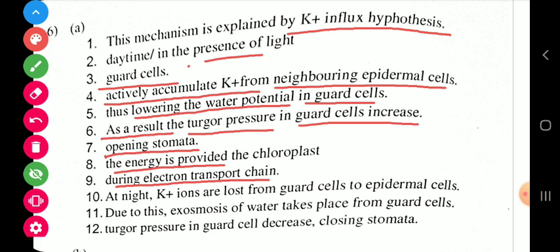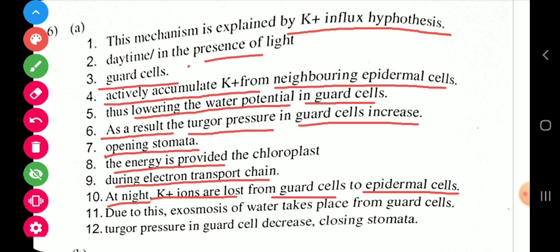At night, K plus ions are lost from the guard cells to the epidermal cells. Now what happens as a result of this?